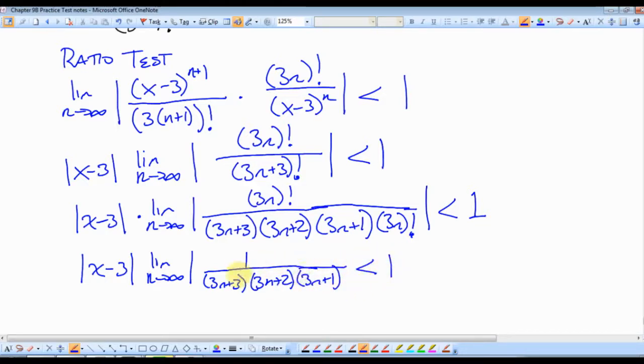What's this limit? 0. 0, right? So basically we're saying 0 has got to be less than 1, regardless of what x is, right?